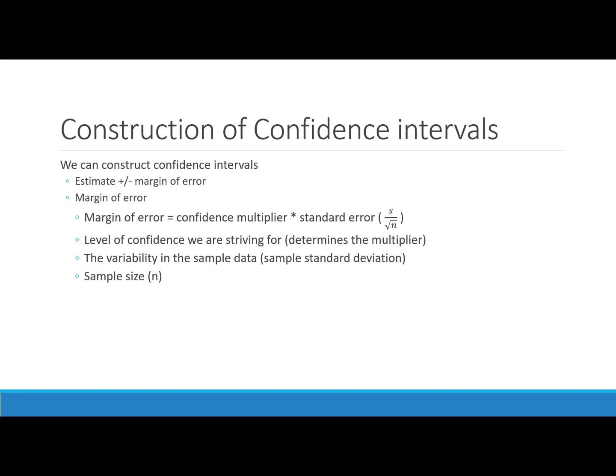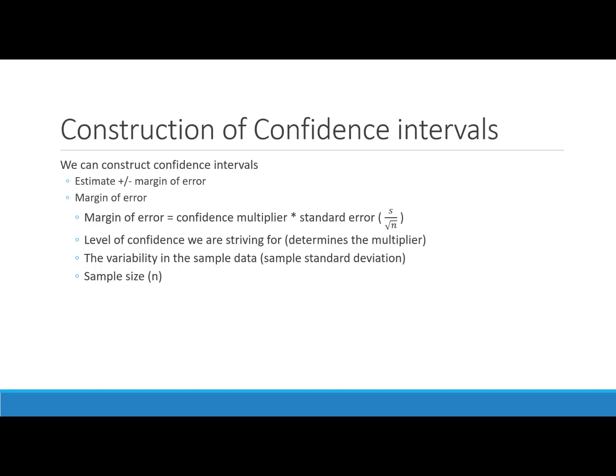If the population standard deviation is unknown and we're approximating it with the s, or the standard deviation of the sample, the standard error is s divided by square root of n. The level of confidence we are striving for determines the multiplier.